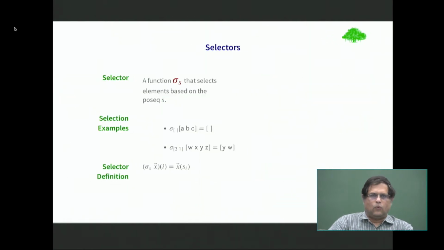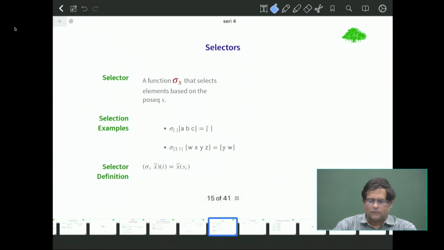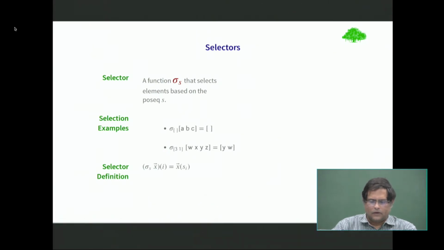Okay, so once you have a POSEX, the POSEX can define a selector. So a selector is parameterized on this POSEX. For example, here the POSEX is empty, so the result is always going to be empty, and you can pass a list of any length. Here the POSEX is 3, 1. The selector that you get out of that takes a list of at least size 3, and then the POSEX gets into action and picks the elements that it specifies.